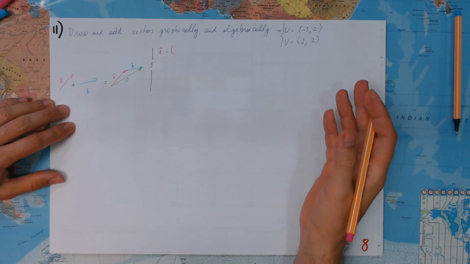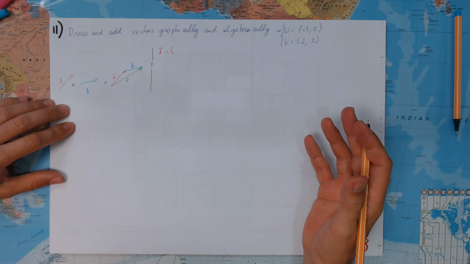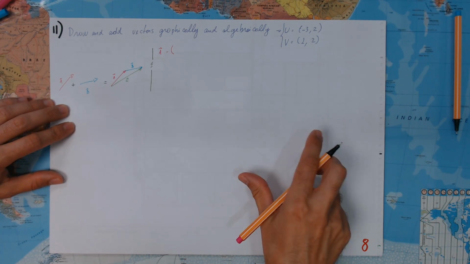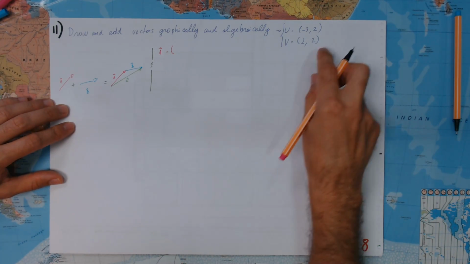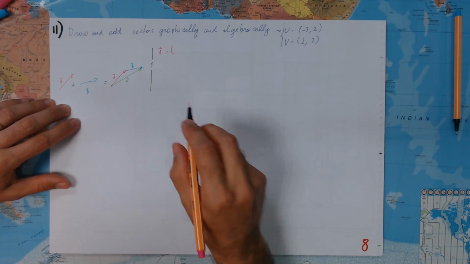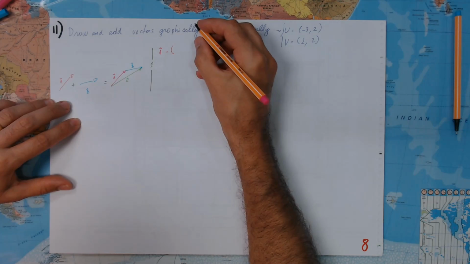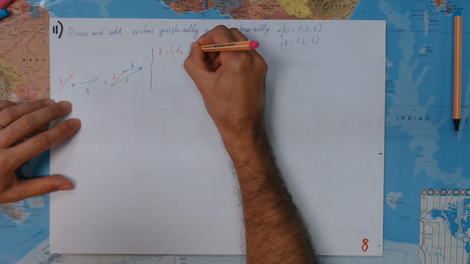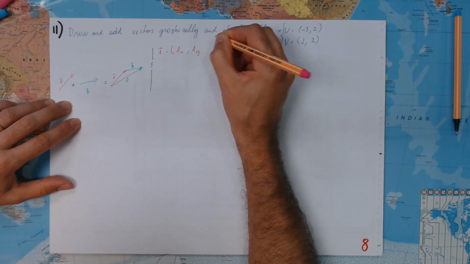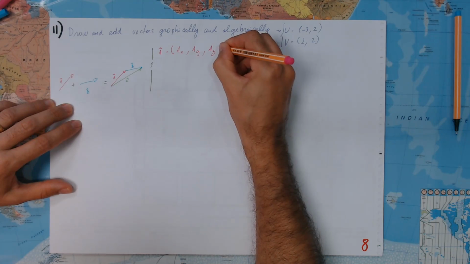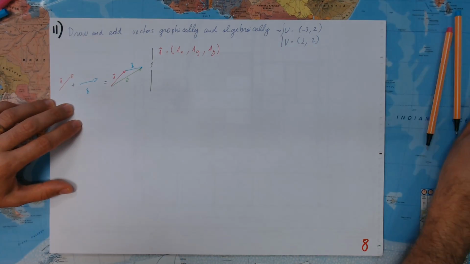It can be expressed in polar coordinates, where we have an angle and also the magnitude, or it can be expressed in Cartesian coordinates. In this way, we just have the Cartesian coordinates, so it's going to be like an x and a y, for instance. It could even have a z, for instance, if you're dealing in 3D.